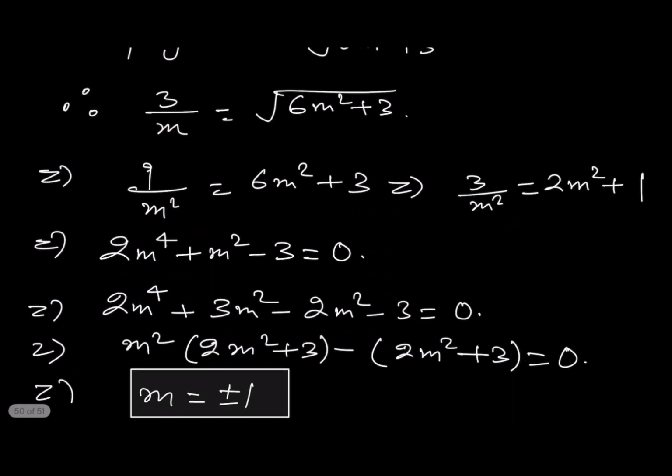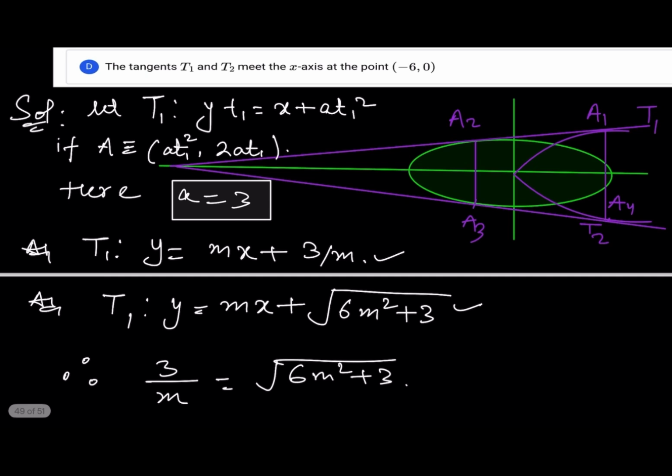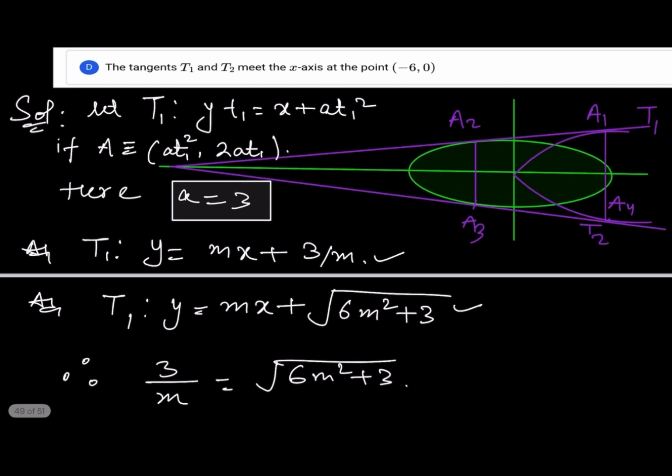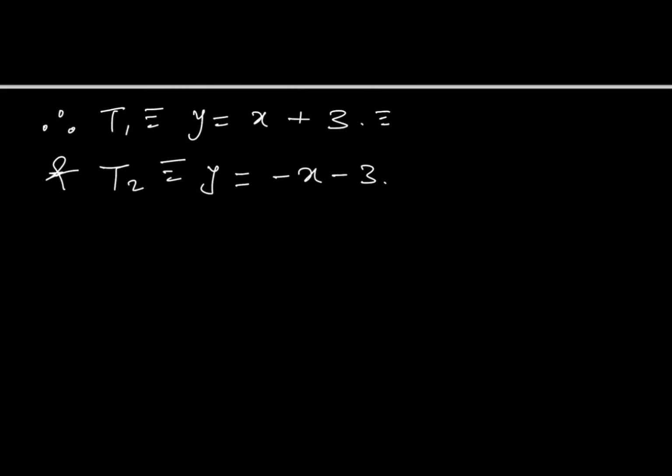So as for a1, equation of tangent is y is equal to, yt1 is equal to x plus at1 square. So if I compare yt1 is equal to x plus a t1 square, which is 3t1 square. So from here t1 is 1 basically, right?